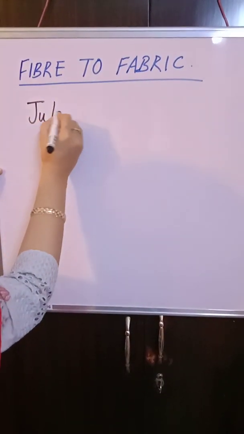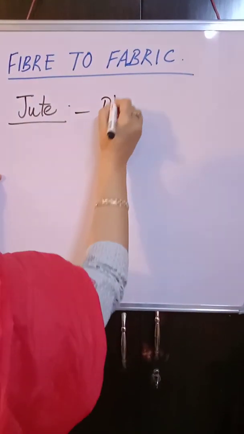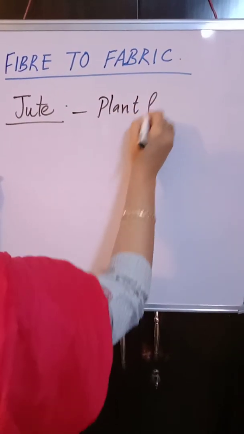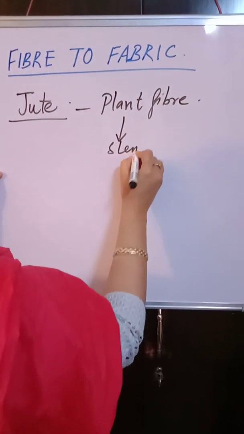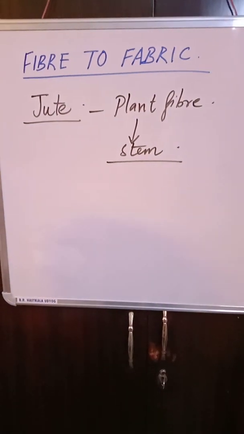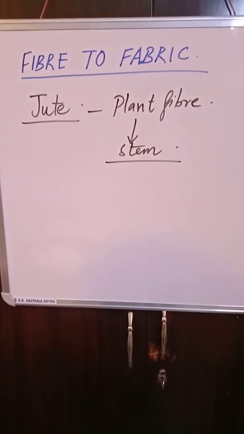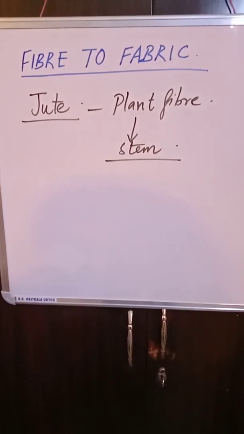Earlier I explained to you that jute is a plant fiber and it is obtained from the stem of the plant. Although it's not very easy to obtain jute fiber from its stem.